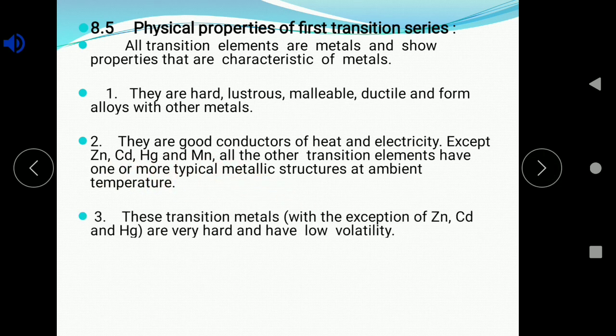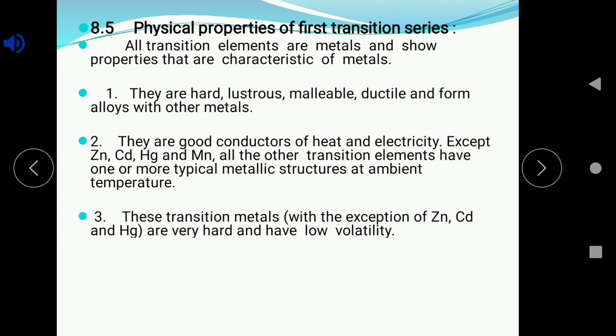Okay, next. These transition metals are very hard and have low volatility. As they are in solid state, there is no problem of volatility. But zinc, cadmium, and mercury are not as hard as the other metals.